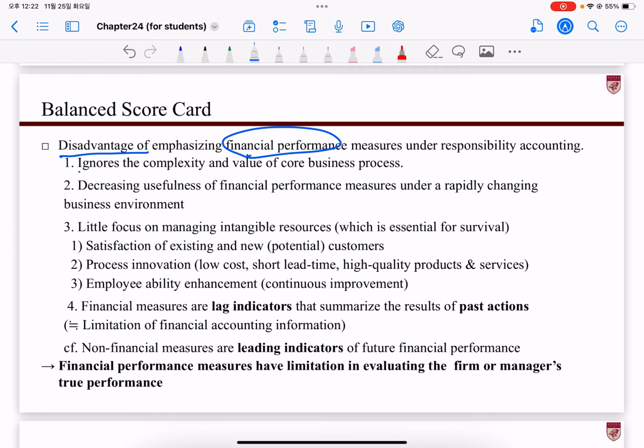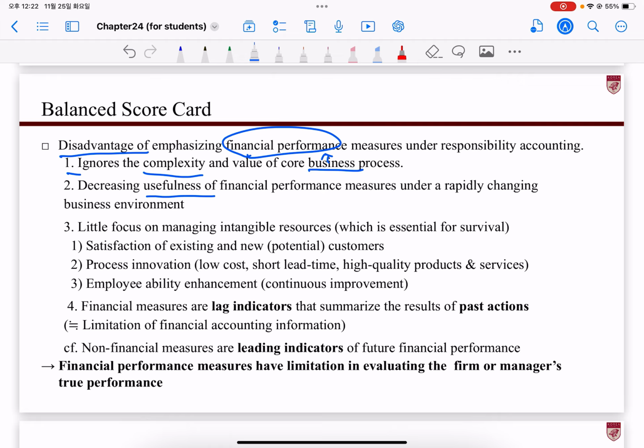First, it's ignoring the complexity of the business, right? The business cannot only speak to the financial performance. Sometimes the business can be spoken better with customer voices, employee voices, which is not in the financial measure, right?